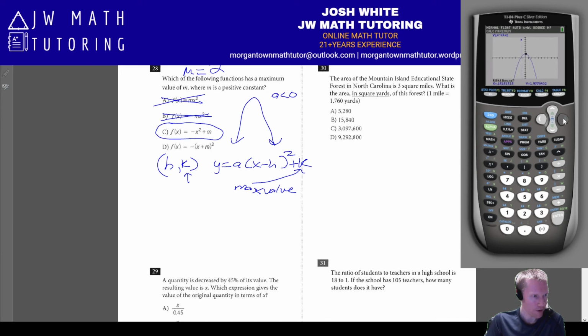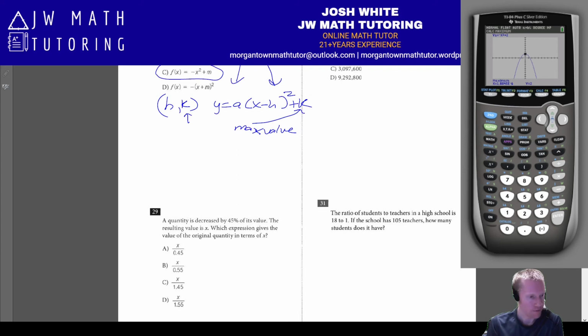Left bound, scroll to the right, right bound, back to a guess, enter. Okay, right there, maximum value occurs at y equals 2. So that's just confirmation that this is correct because we said m was 2. Again, alternate way you could solve this problem using picking numbers along with your calculator.